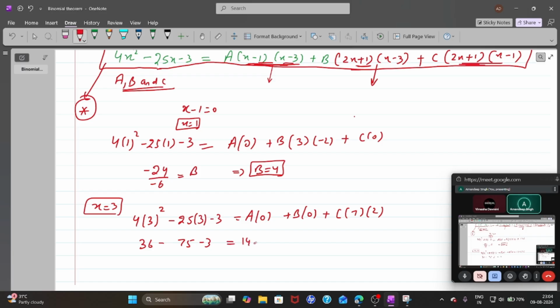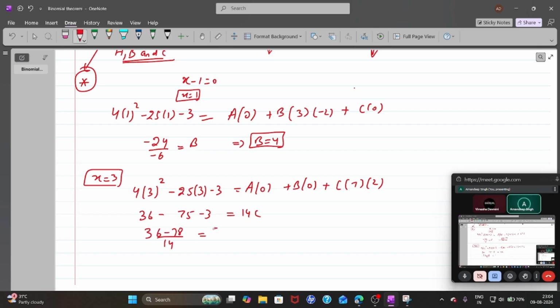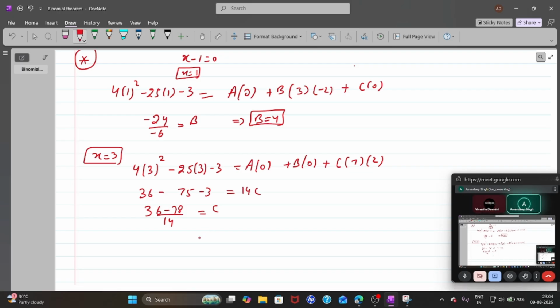So it is 14C. So 36 minus 78. Can you do 36 minus 78 on your calculator and divide by 14 as well? It's minus 3. It is minus 3. Okay.